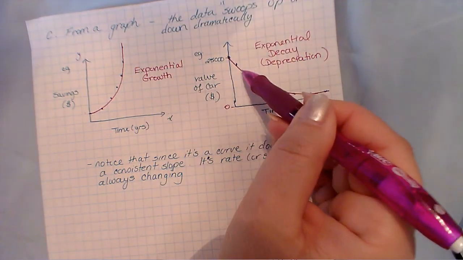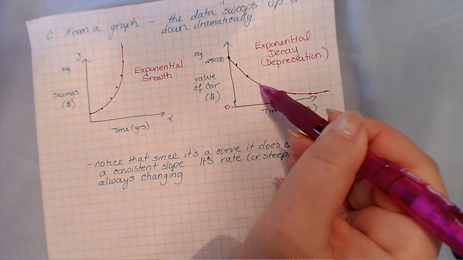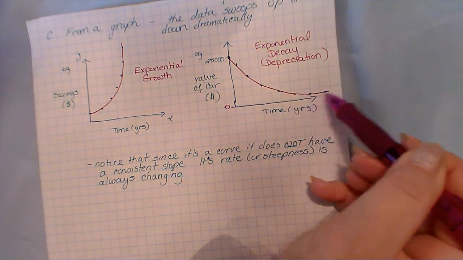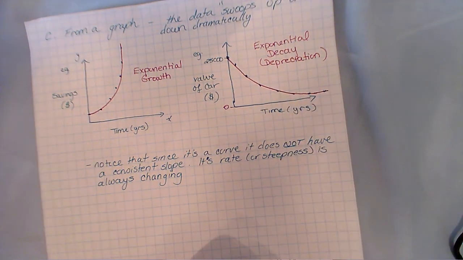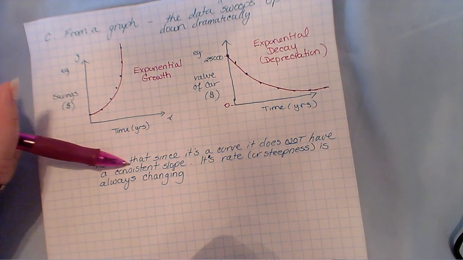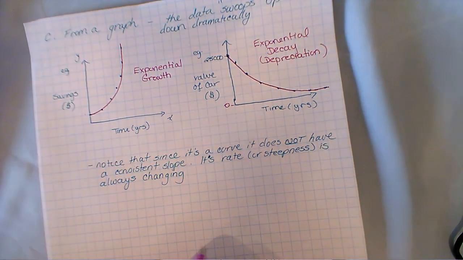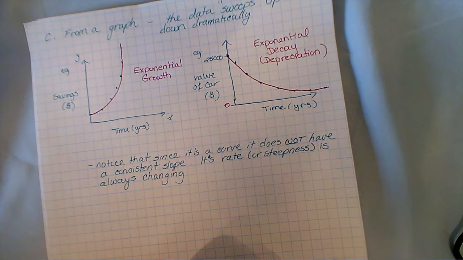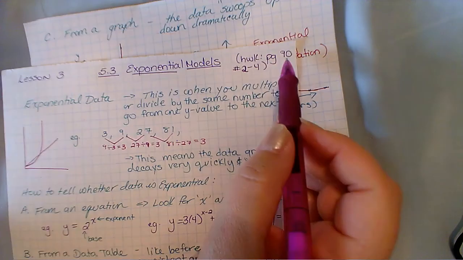Here we start off super steep, a little less steep, a little less steep, and then hardly steepness as we move forward. So because the slope is not consistent, it's always changing, that tells you that it's definitely not a line.